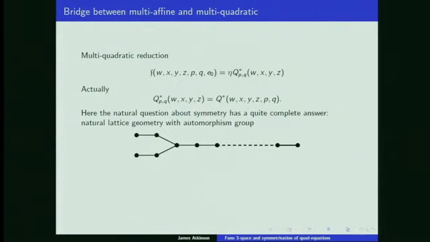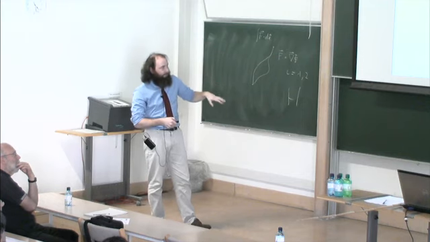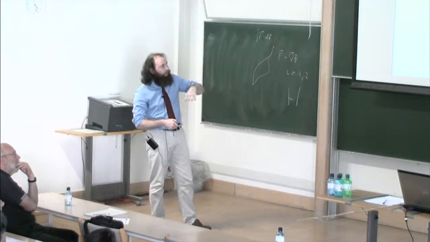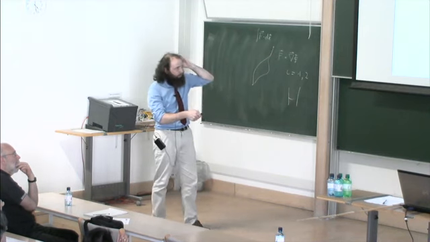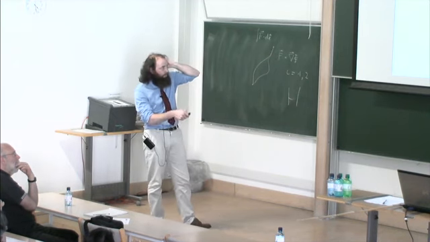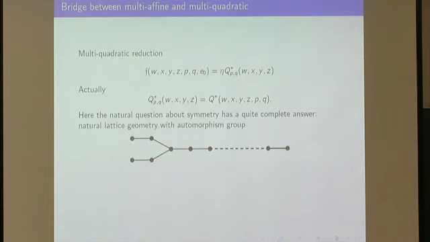And if you ask what is the more symmetric version of that lattice, which is natural with respect to the symmetry of the tetrahedron, then you obtain a lattice which doesn't have BCN symmetry anymore. So it's no longer the hypercube. It's a richer structure which has automorphism group a Coxeter group, which is defined by this Dynkin diagram.